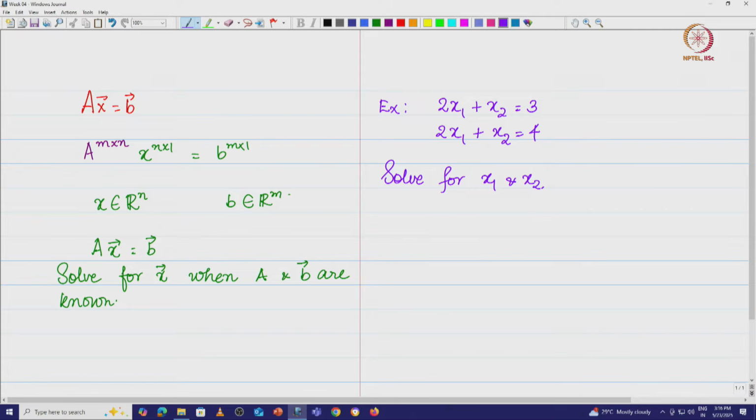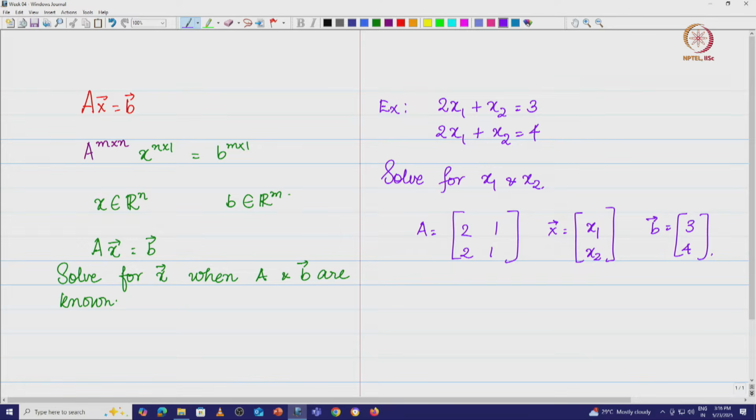Now if we actually look at this system of equations, A is going to be this matrix [2 1; 2 1], and x is basically the unknown, the 2 component vector which has parameters x1 and x2, and b is basically the vector (3, 4).